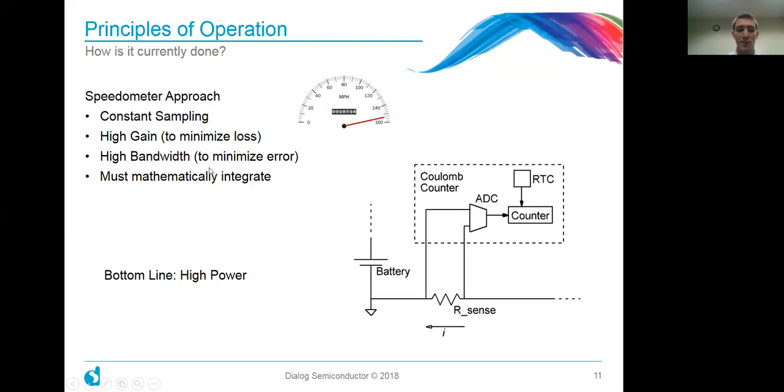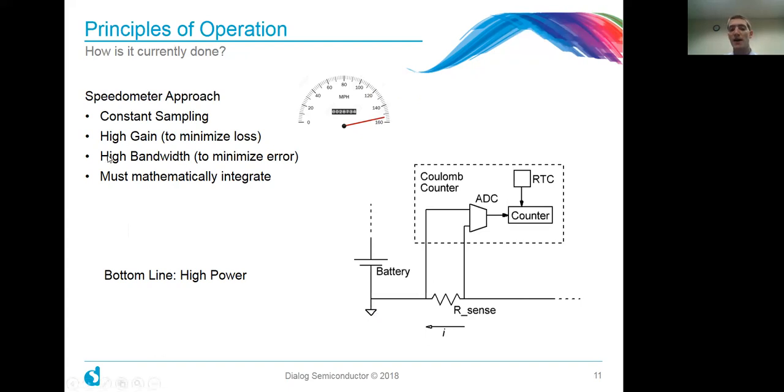You're also going to need high bandwidth. So in order to minimize the error as you stop at a stop sign and accelerate into a 40-mile-an-hour highway, you're going to need to have high bandwidth to catch all of those differences in speed, essentially. So that also is going to require you to have an even higher power ADC to capture not only the low voltage signaling, but the high bandwidth profile of a typical load as it has transients that spike or just variable loads.